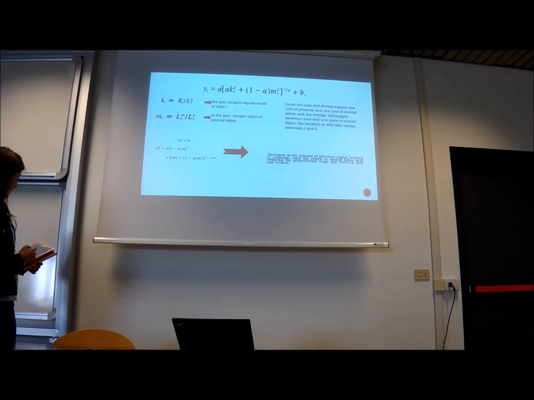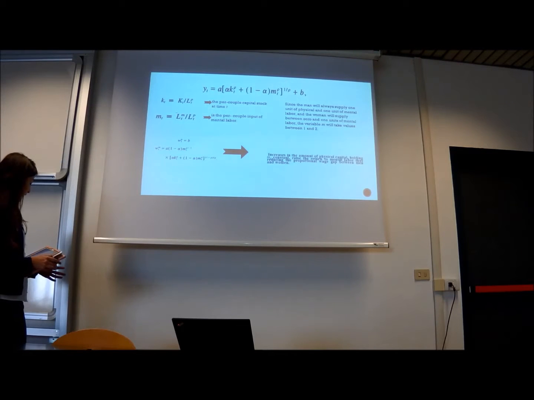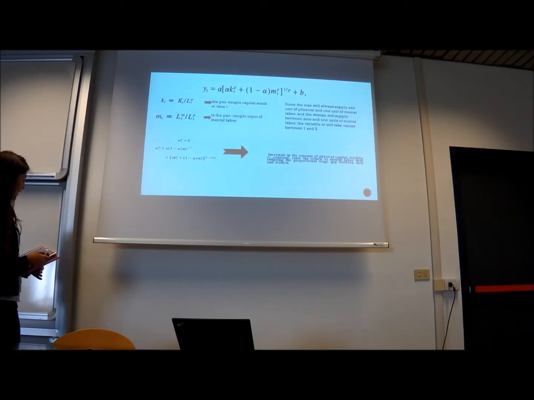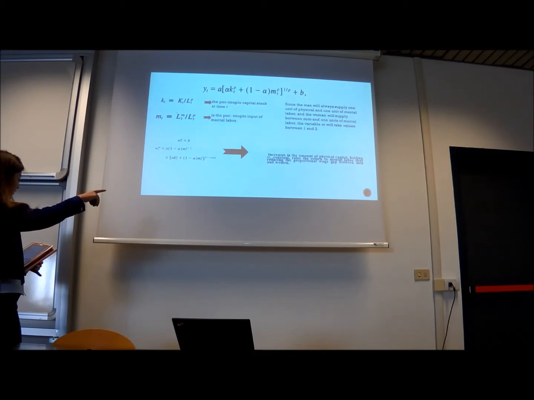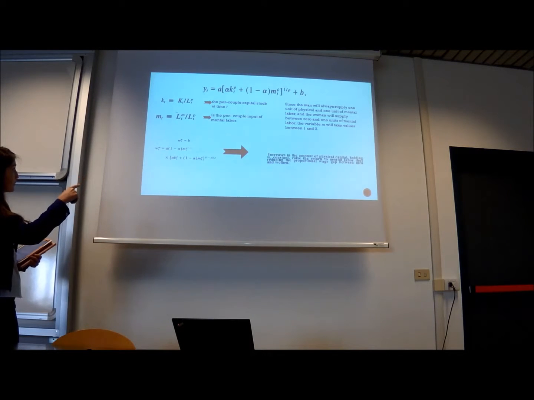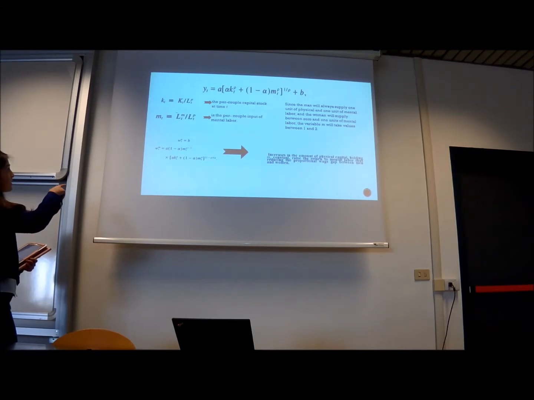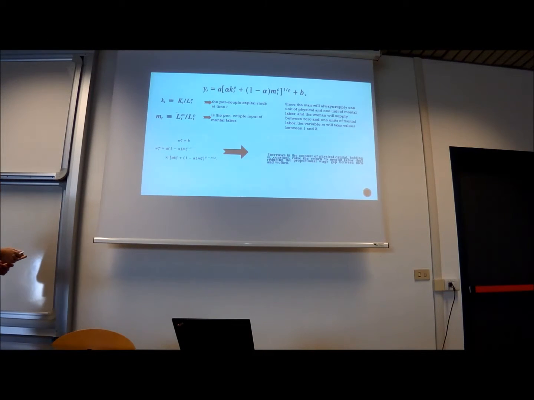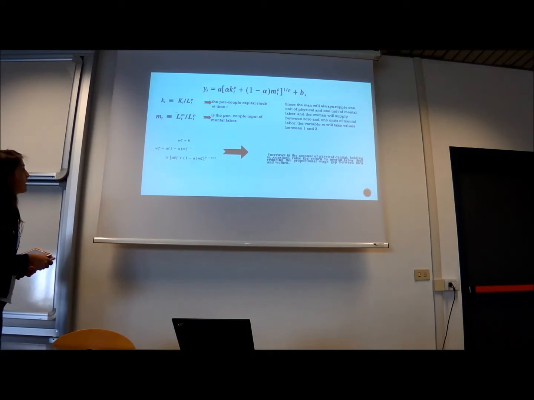Here we can rewrite our production function in per couple terms, and we can see that K_t is the per couple capital stock at time t, and M_t is the per couple input of mental labor.